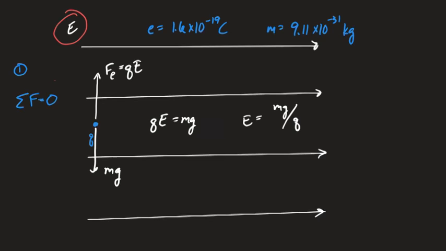There are tons of silly questions like this, and some of the more complicated ones that you tend to see in your physics books will be things like, we're going to launch electrons into a region of space that has an electric field, at some velocity v.